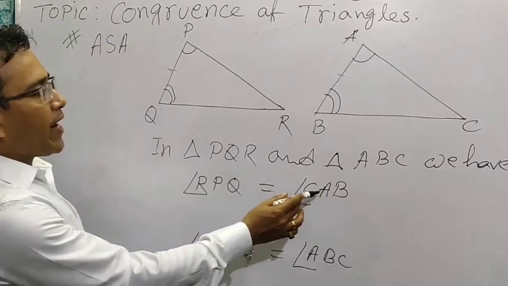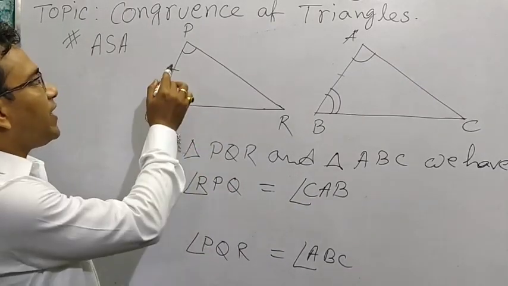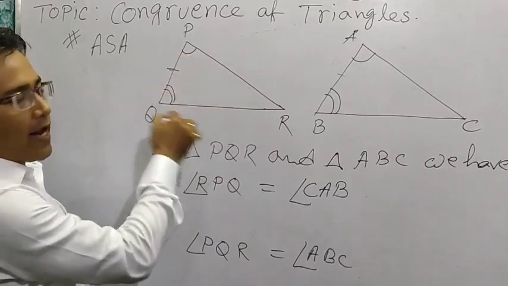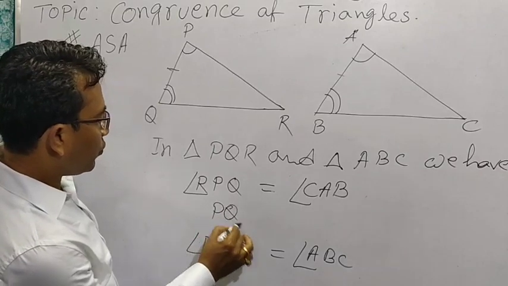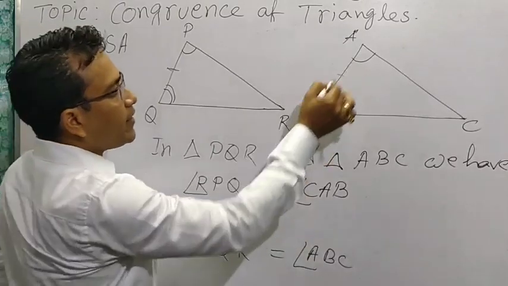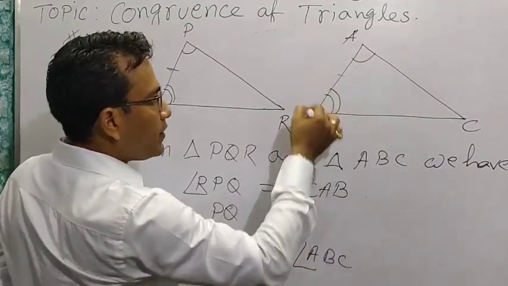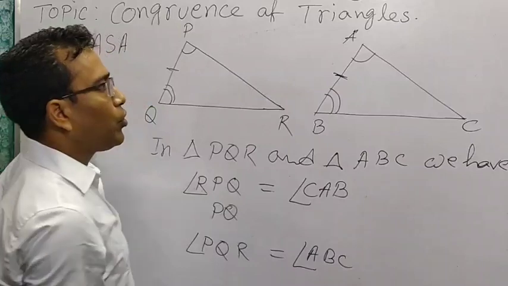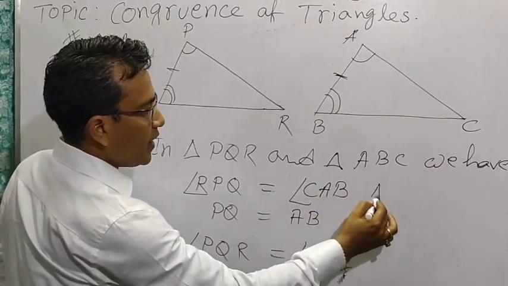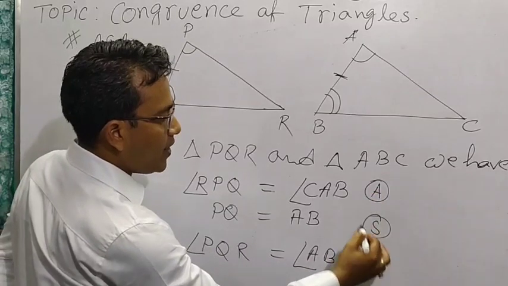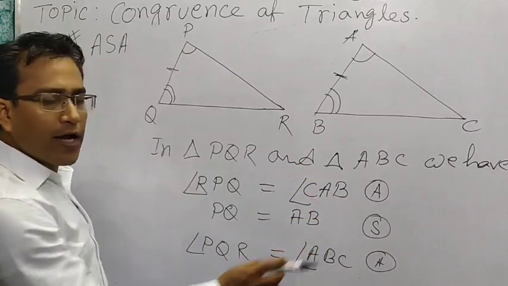Now between these two angles, this is the side included, because this side is common to both of the angles. That means PQ, and here in the other triangle, this side is common. So side AB. This is angle, this is side, this is angle. So angle, side, angle.